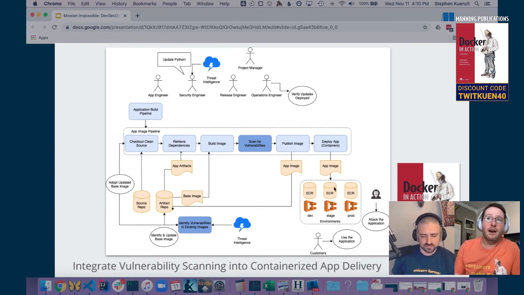One part we only spend a little bit of time on is this whole scanning thing. There are other things you can do in your image pipelines though to verify that the image is structured as you expect, and that that Java or Python interpreter is the right version, it's executable, all that stuff, and that your application should run inside that container as you expect.